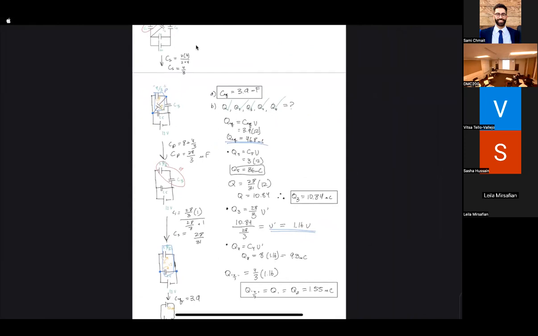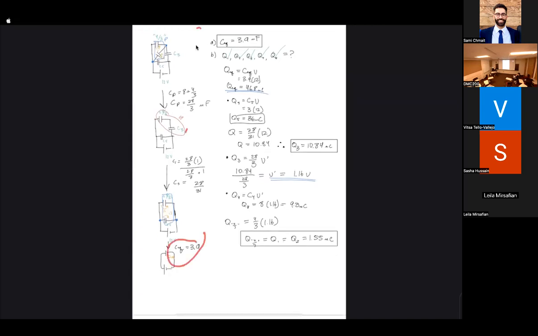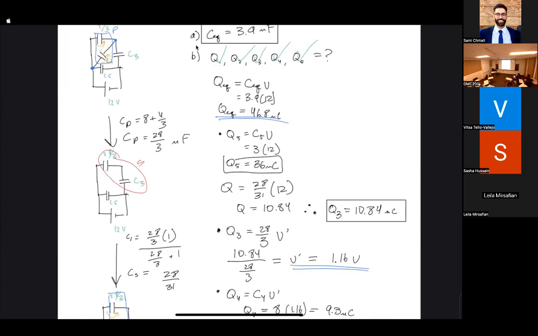Just do two at a time, clean it up, go step by step, show all your work, and then solve for your equivalent capacitance, and then work all the way backwards, okay? A way you can check this value is, once you get your Q_eq, you should know that Q_eq divided by C_eq is equal to V, and V is given. So that's a way you can do a quick check. Because if that equivalent capacitance is wrong, you're going to have a bad time for the rest of the question. So it's a quick check.